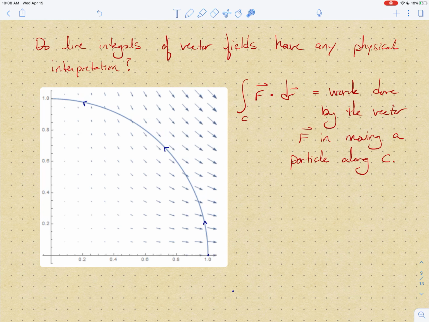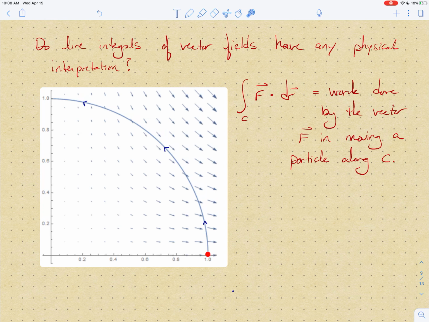It turns out that these do too. You can think about line integrals of vector fields as the work being done by the vector field F in moving a particle along C. I'm not going to get into the details of work. Those of you that have had engineering and physics will know something about this typical definition of work. We're looking for total work done, so there's a sum, and everything works out really nicely.